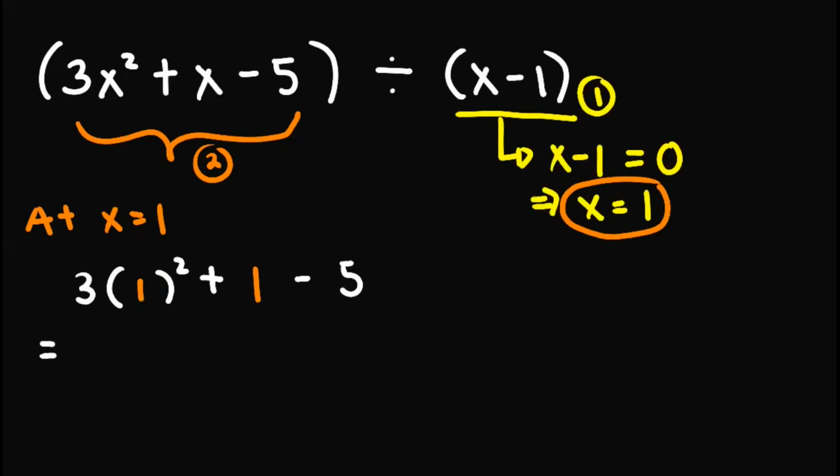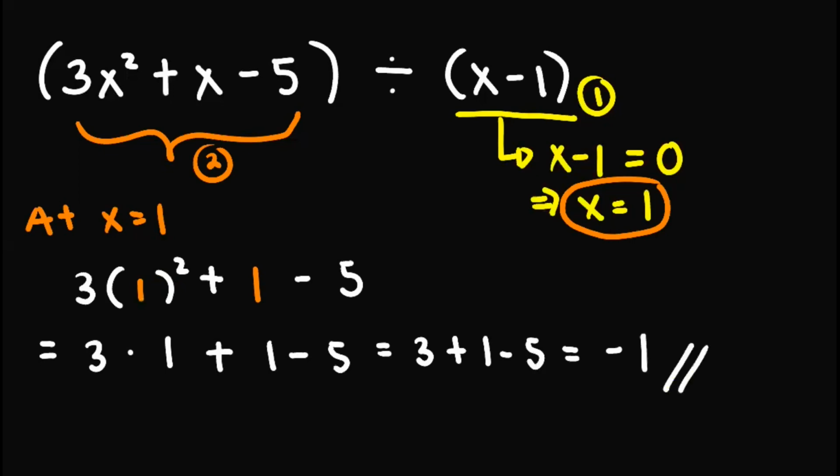Simplifying this, 3 times 1 squared is 3, plus 1 minus 5, and when simplified, this will be negative 1. So the remainder, when we divide 3x squared plus x minus 5 by x minus 1, is simply negative 1. And so that is how we apply the remainder theorem.